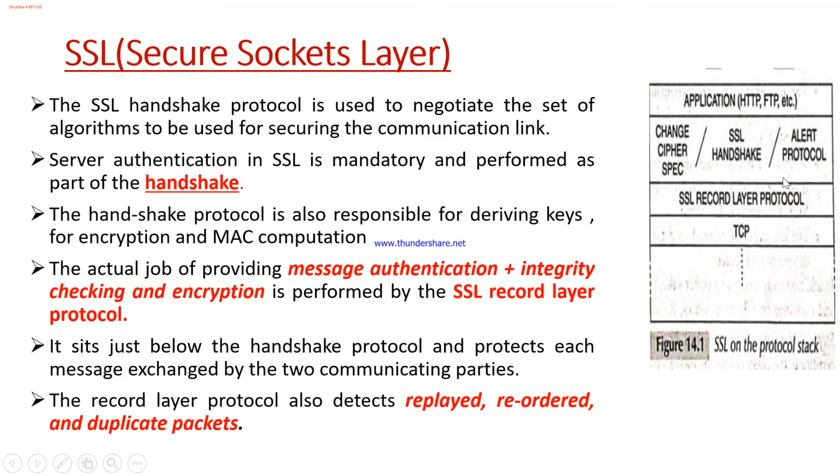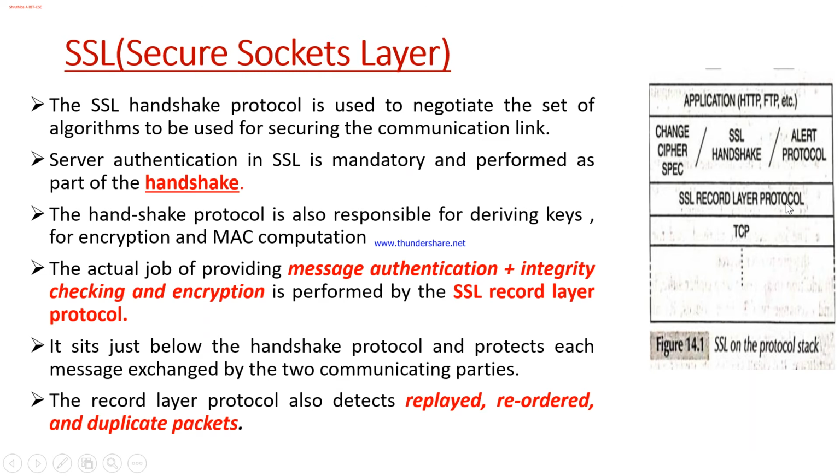Whatever I explained just now, I'm repeating by depicting it in the figure. SSL is sandwiched between TCP and the application layer protocols. It is not a single protocol; instead it is comprised of two protocols, SSL handshake and SSL record layer. The SSL handshake comes first, and just below it you can find the record layer protocol.